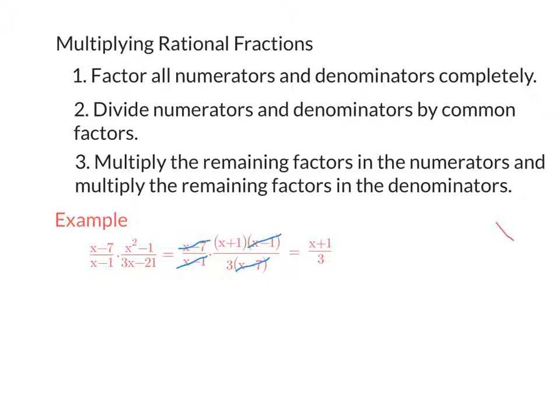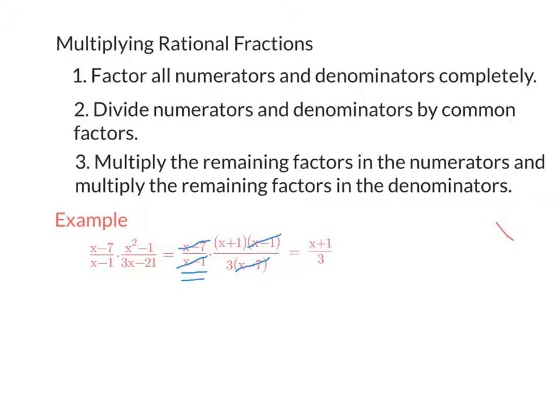Now, an important thing to remember in this type of problem is that even though we have multiplied this out and come up with a simplified answer, we still have values that x cannot be. For example, x cannot equal plus 1. Remember we had x minus 1 here.